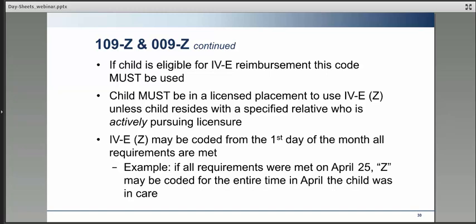However, you may not claim maintenance, that's a whole different issue, board rate, until the license is actively achieved. But otherwise, you can go ahead and code to it. And as I mentioned earlier, 4E can be coded from the first day of the month that all the requirements are met. And you can see again that example.